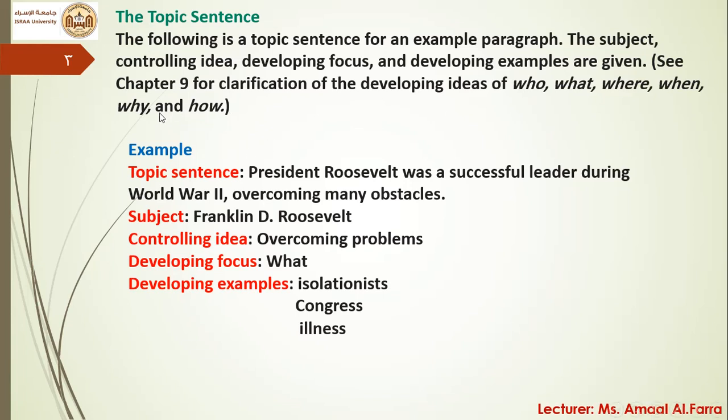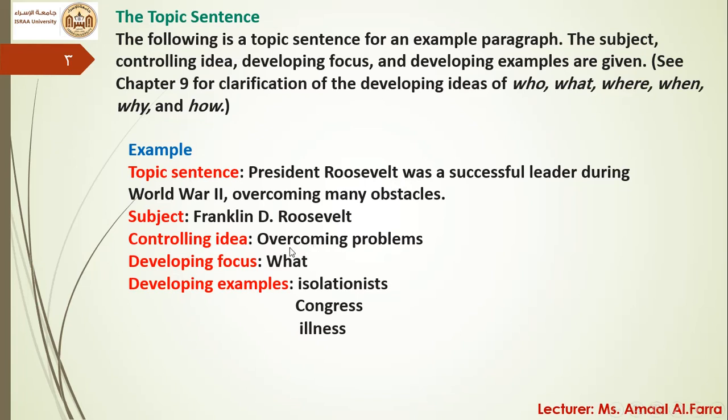Let's see this example. Topic sentence: President Roosevelt was a successful leader during World War II, overcoming many obstacles. This is the topic sentence. What is the subject or the topic here? It is Franklin D. Roosevelt. We are going to talk about President Roosevelt. This is the subject of this paragraph. Okay, so what is the controlling idea?